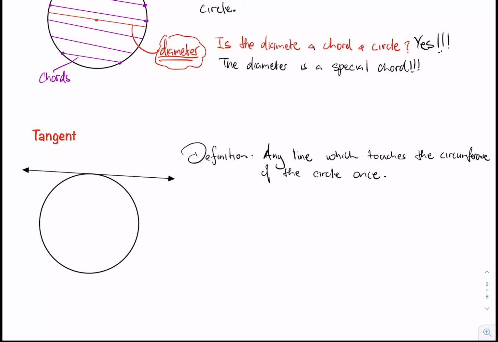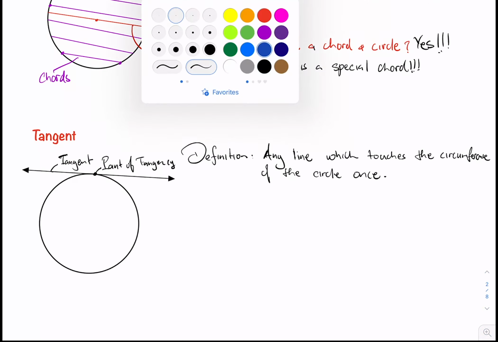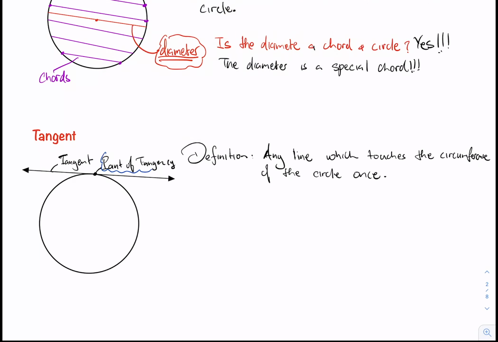Notice that I have one example of a tangent here. This line is an example of a tangent, and it's touching the circle only once at this point, and this is called the point of tangency. That's very important. Once we have a tangent, there must be a point of tangency.